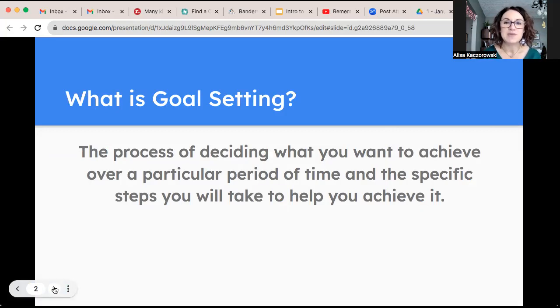And the specific steps that we're going to take or the activities that we're going to participate in to help us achieve the goal. Okay, so we have to decide what we want to achieve. We have to decide what period of time we're giving ourselves to achieve that goal. And we have to identify the specific steps we're going to take to achieve the goal.